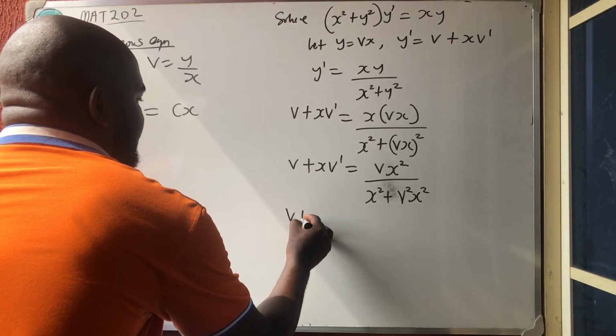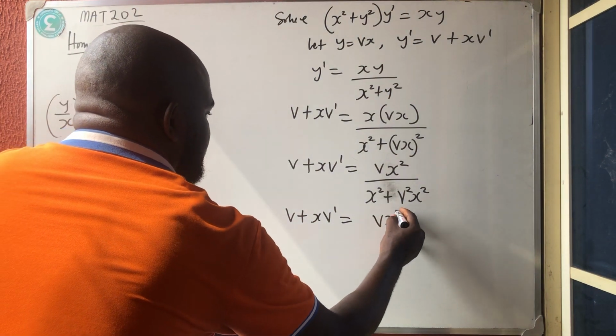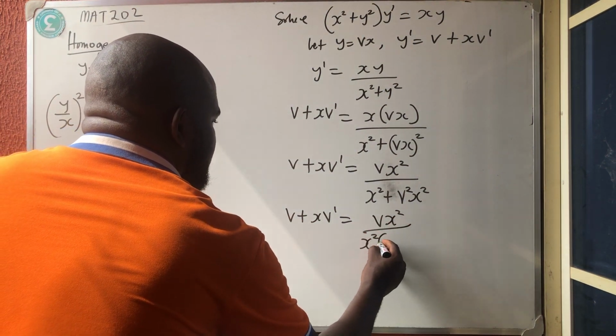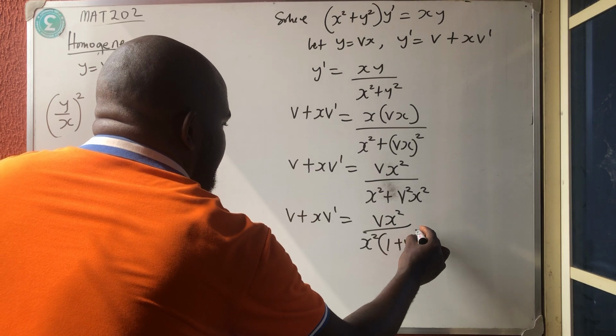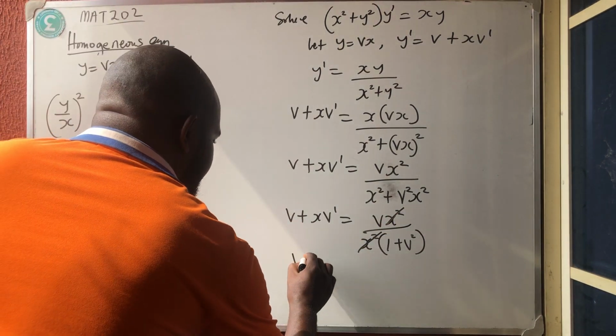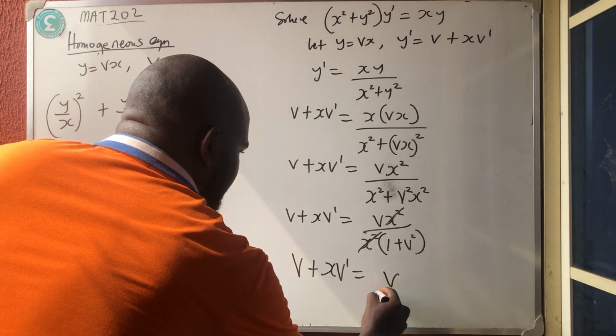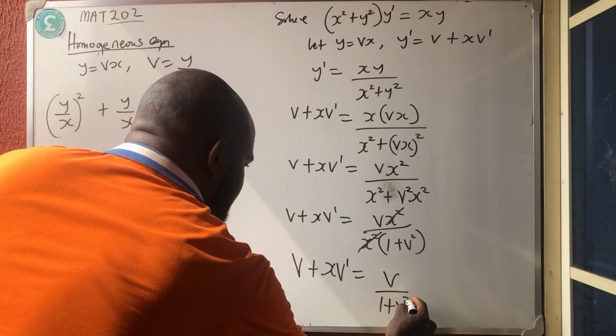I'm having v plus x v prime is equal to v x squared all over x squared is common, so I'm having 1 plus v squared. So x squared will take care of x squared. So I'm left with v plus x v prime is equal to v over 1 plus v squared.